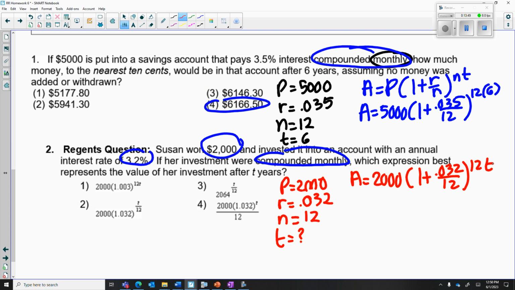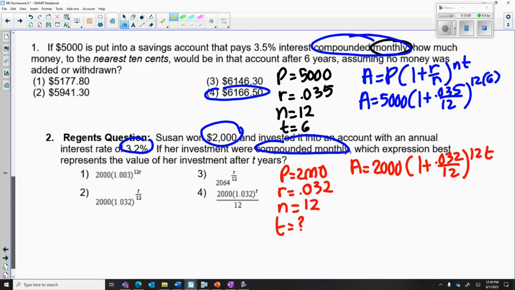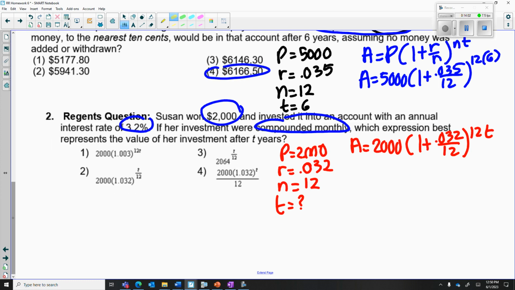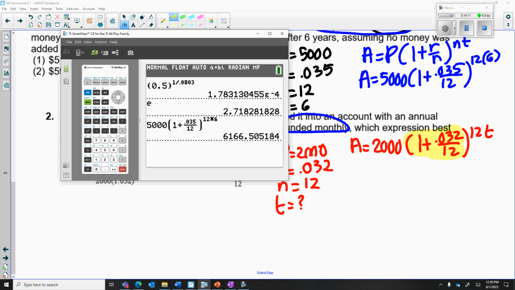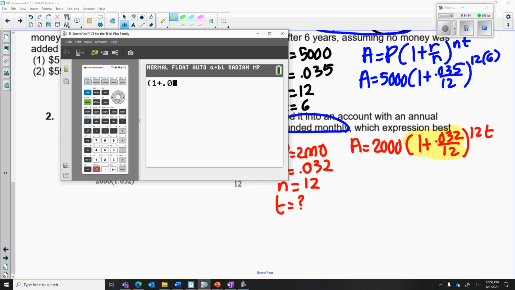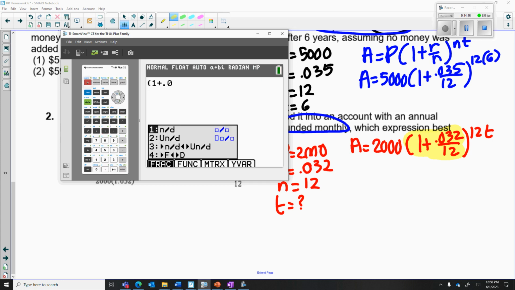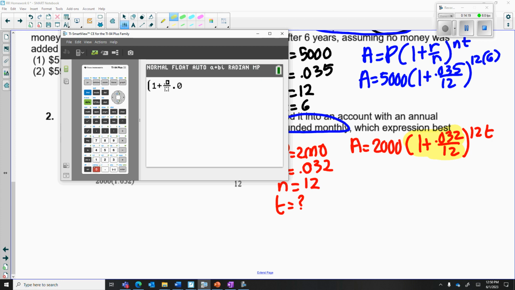All right. So we know the 2,000 is in the front. But notice some of these have a different growth factor. So I want to remind you that the growth factor is everything except for the 1t. So if I had taken, let's start with this. Take your calculator and plug in 1 plus 0.032 over 12 and see what you get. That's going to be the growth factor without the 12.